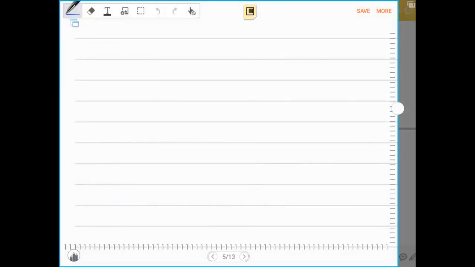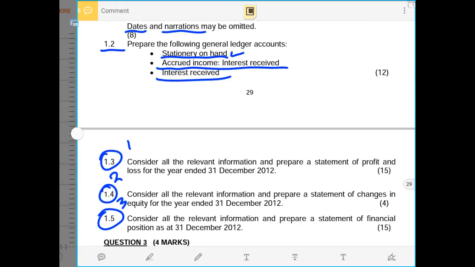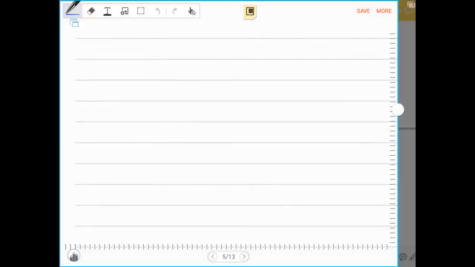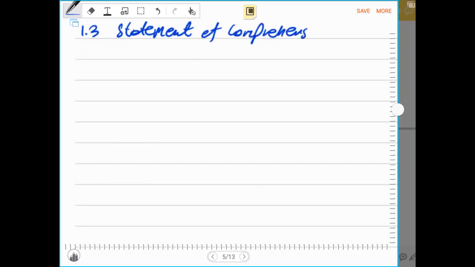So now let us start with the statement of comprehensive income, which is requirement 1.3 that we are doing. Then we'll do all other requirements immediately when we are done with these ones. In the statement of comprehensive income, we know that we are dealing with the incomes and the expenses.